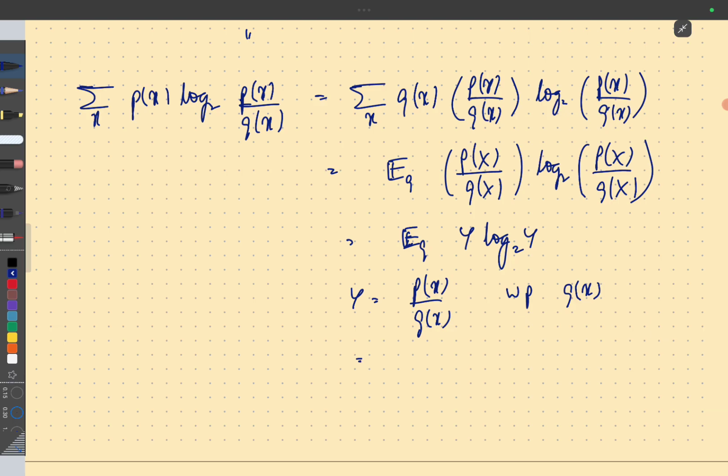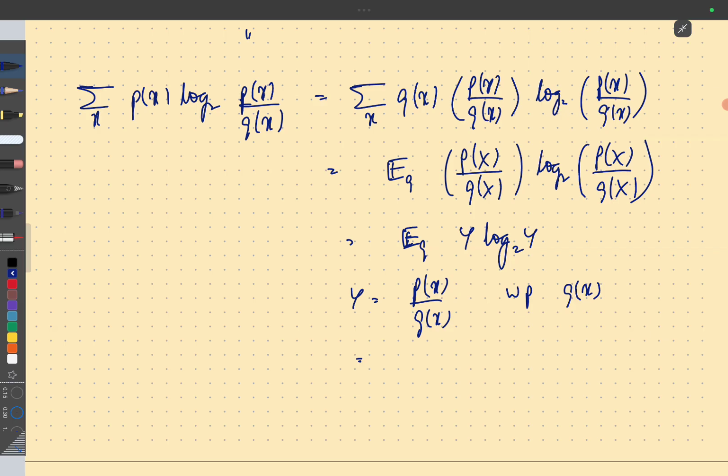So this is nothing but expectation of y log y, right? And what do we know about the function y log y? It's a convex function, right? We just saw that a little previously when we tried to prove that the entropy is a concave function. So y log y is convex, which means that I can use Jensen's inequality.